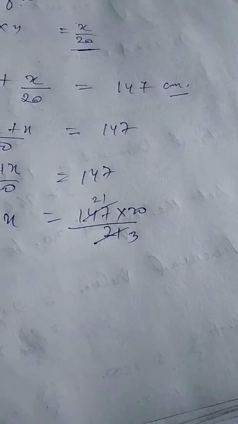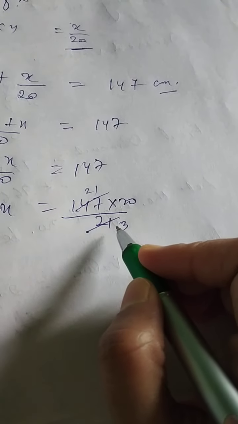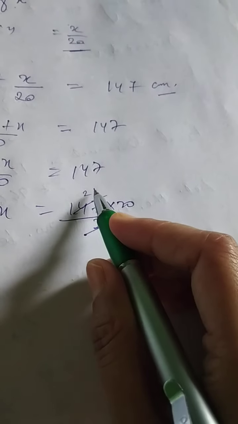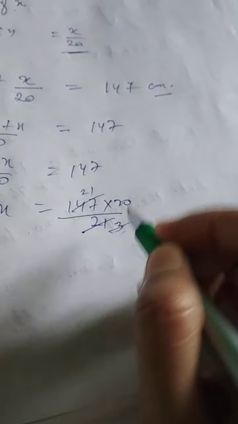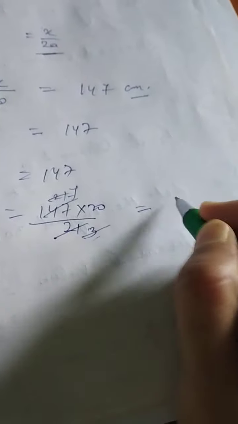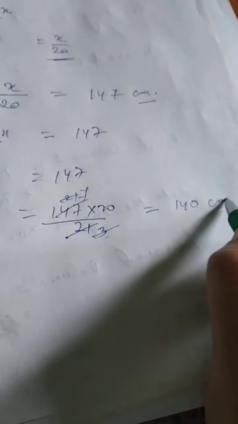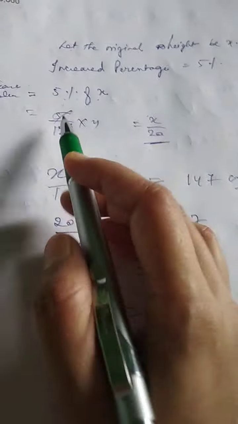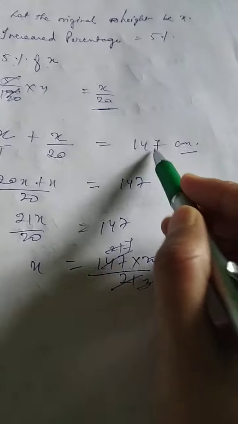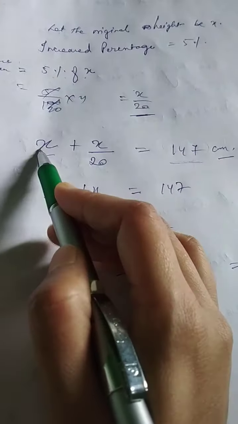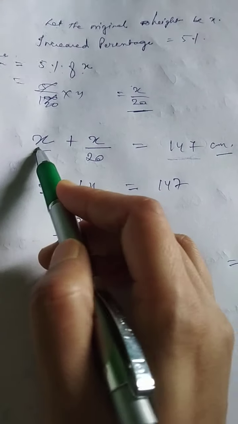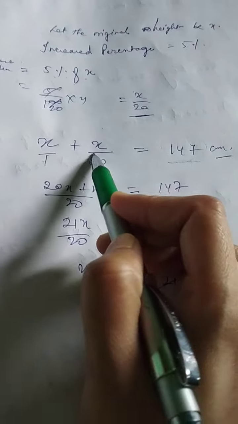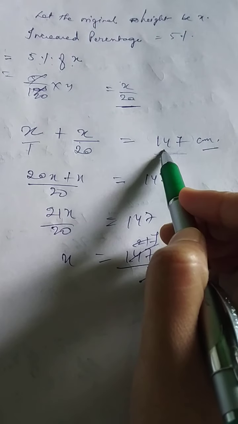Just calculate. We will cancel it by the table of 7. 7 3s are 21, 7 2s are 14, 7 1s are 7. Then 3 7s are 21. 7 2s are 14. 140 centimeter was his earlier height. And then when it increased by 5%, the new height became 147. So this is the original one, earlier one, plus the increased, which is equal to 147.